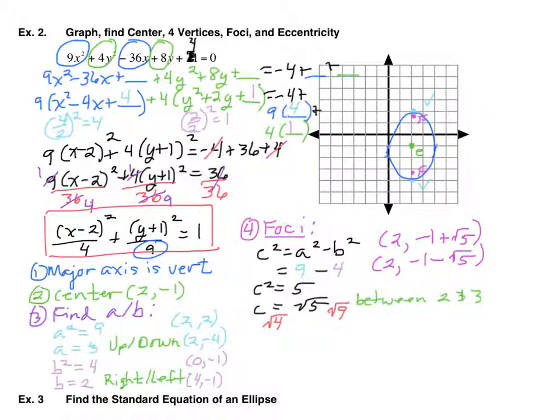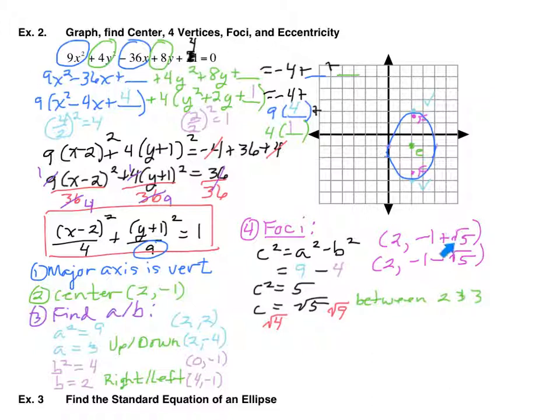Yes? Say again how you got those points. So you know how I got the square root of 5, right? Yeah. And you're okay with between 2 and 3. Yeah. So then to actually do these ordered pairs, because I'm going up and down, it affects the y value of the center, right? Because I went to the right 2, but then from the center I went up and down. So we always went to the right 2, but from the center of the y value at -1, didn't I actually go up radical 5, which was that 2.5, right?